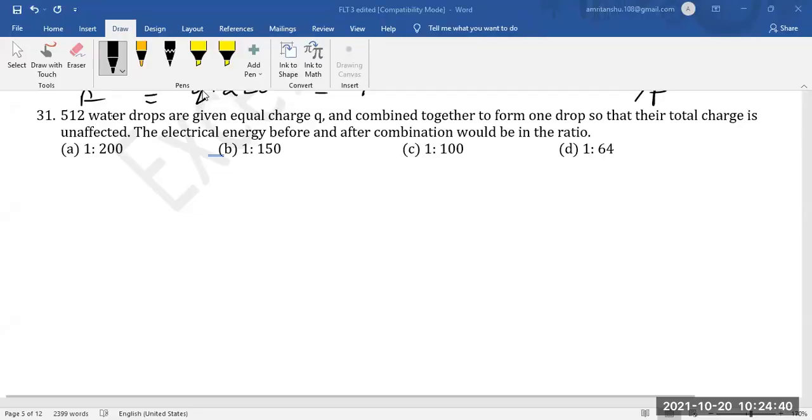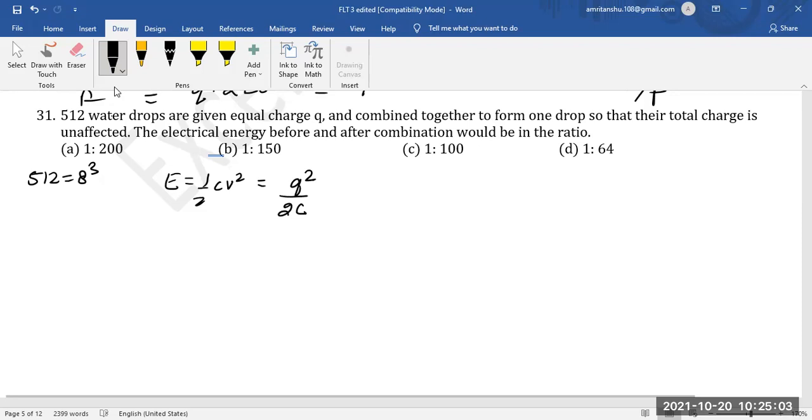So for solving this question, 512 can be written as 8 cube. Now we know that energy stored is half CV square, which can also be written as Q square by 2C. So this is another form of energy stored.